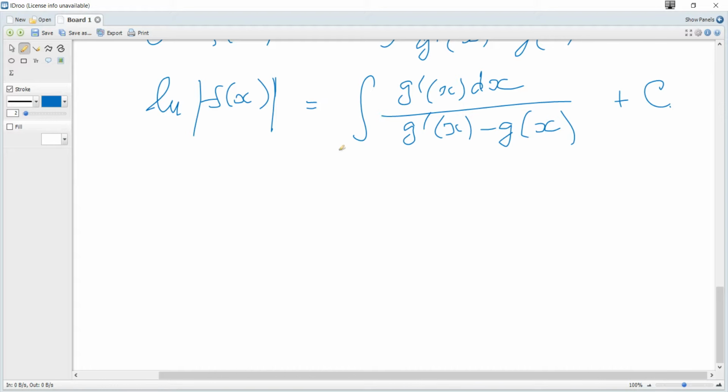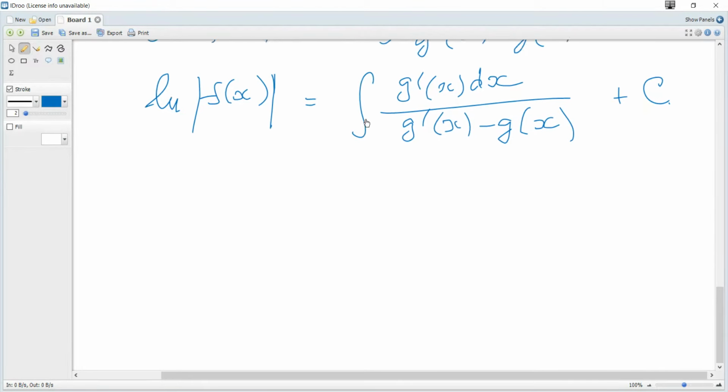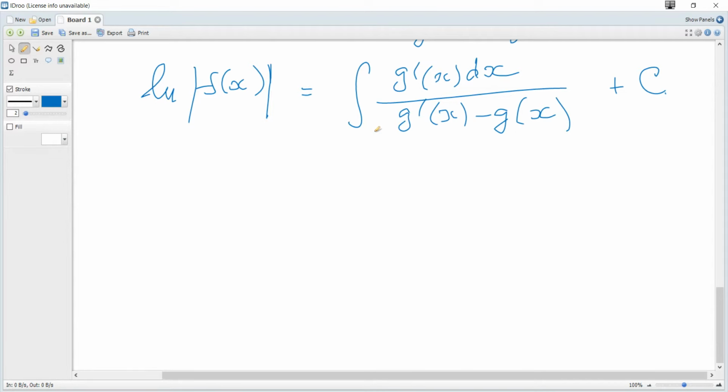I want to show that this is a very typical differential equation, and in general, if you have some additional point to find the constant, and if you don't know whether the function is positive or negative, you shouldn't find the constant now. You should do it after the next step. Why? Because if we undo this log, it becomes what?